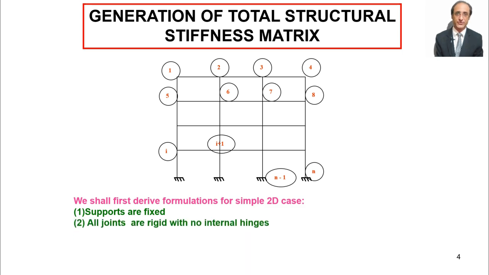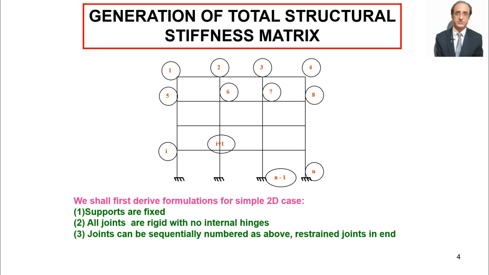And we have a frame with all rigid joints. There is no internal hinge, unlike some of the examples in the beginning where we introduced a hinge inside. So right now we assume there is no hinge. Everything is made up of a rigid frame.